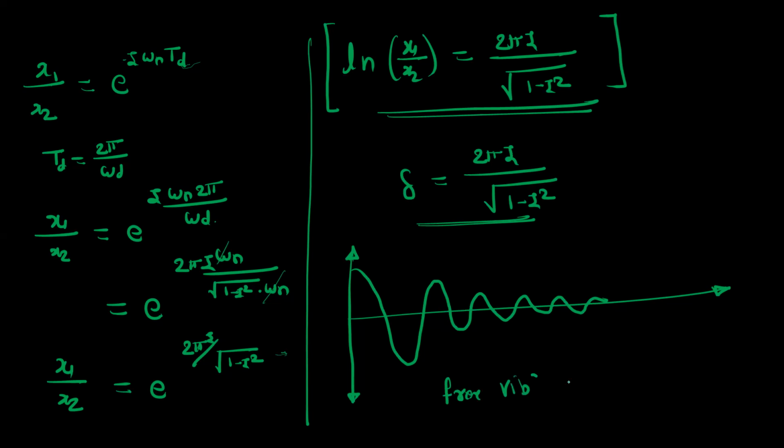So this is a free vibration for a damped system. So experimentally, if you get this waveform for a particular spring mass and damper system, then from this waveform, you can find out what is the damping factor of that system.